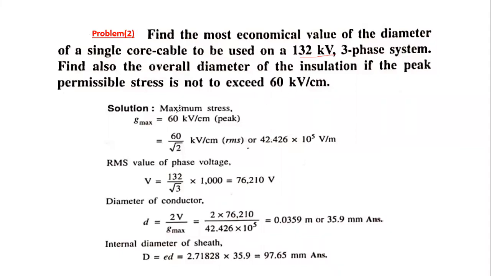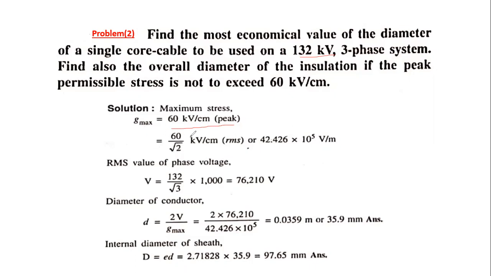Therefore the maximum stress, Gmax, is equal to 60 kilovolts per centimeter in the peak value. Next we are calculating the Gmax in RMS value, that is divided by root 2.